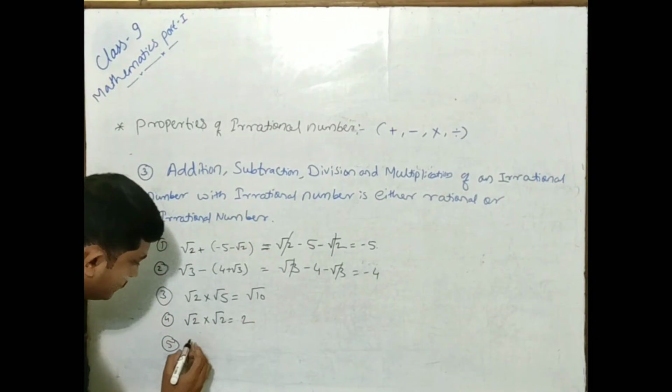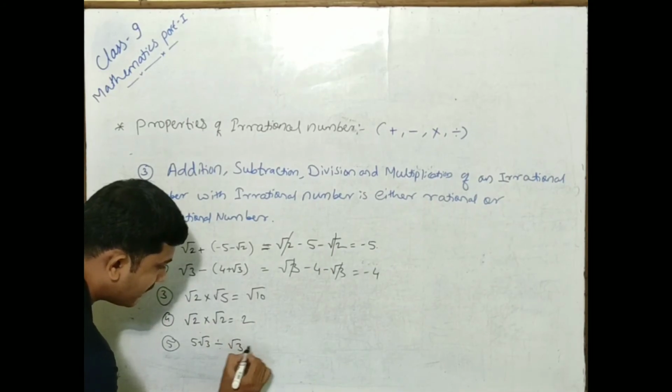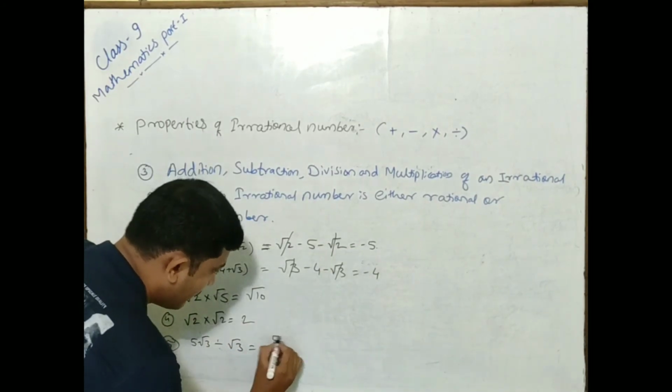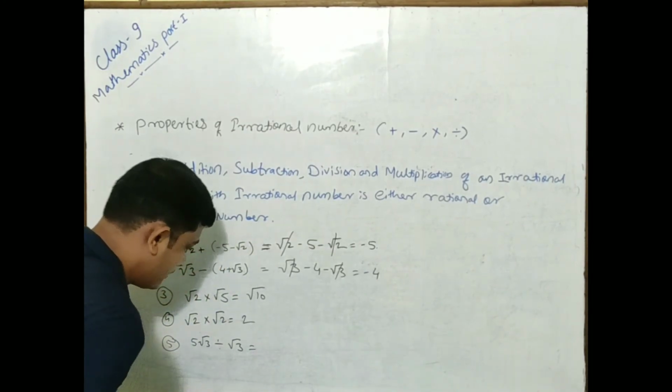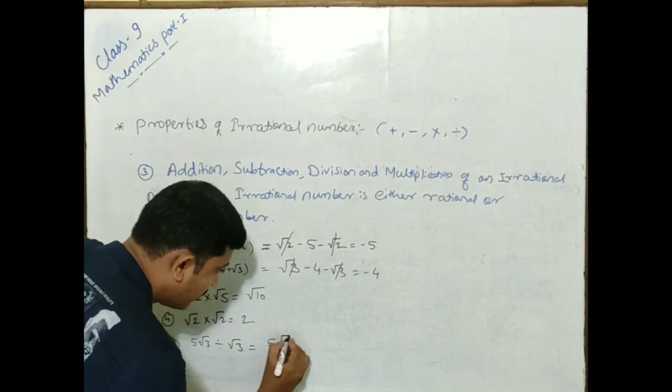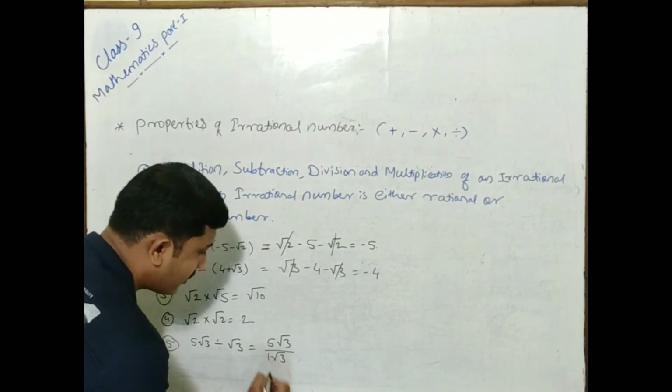Fifth one, 5 root 3 divided by root 3, means simply 1 root 3.